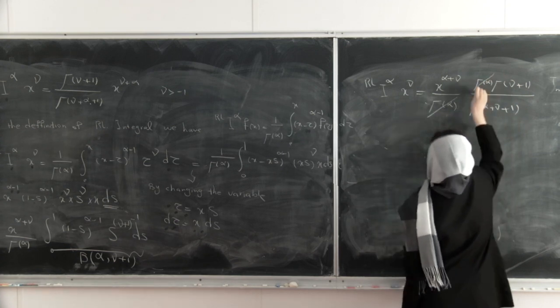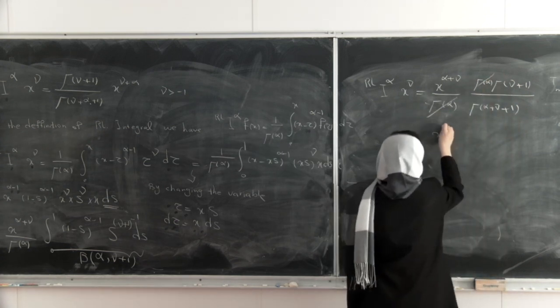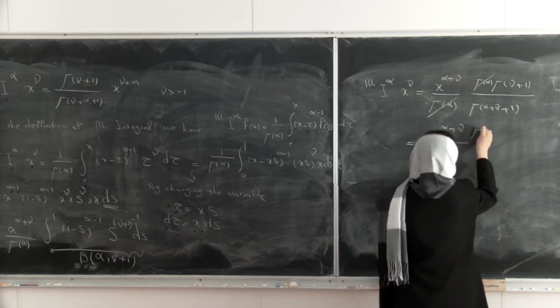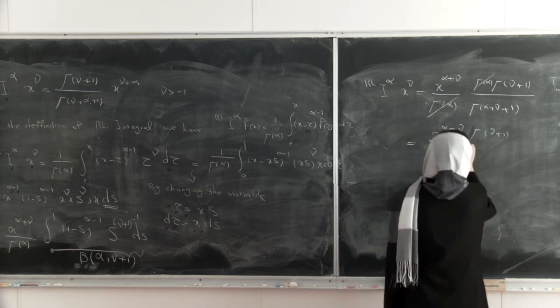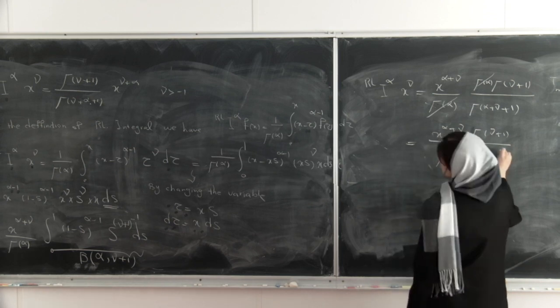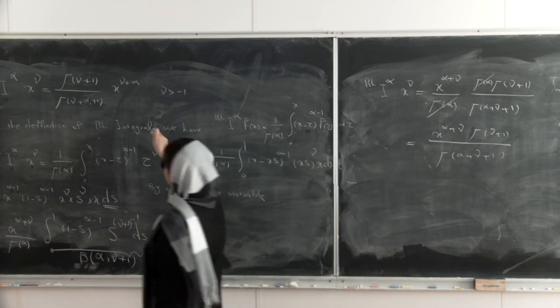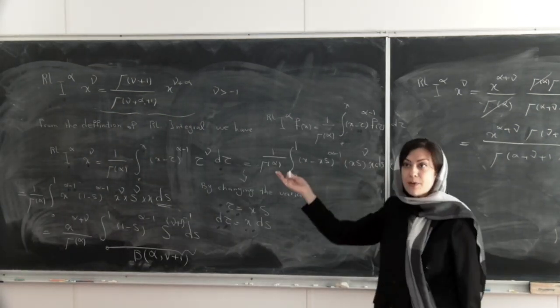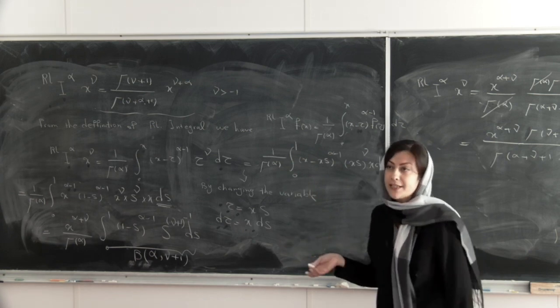We can cancel gamma alpha and we have x to the alpha plus nu times gamma nu plus 1 divided by gamma alpha plus nu plus 1. And we can prove it. We use this property very much in fractional calculus.